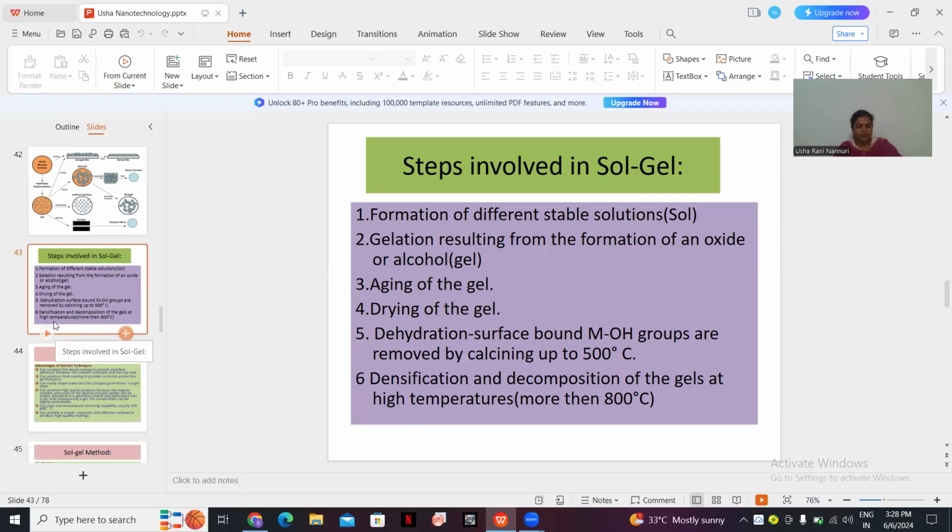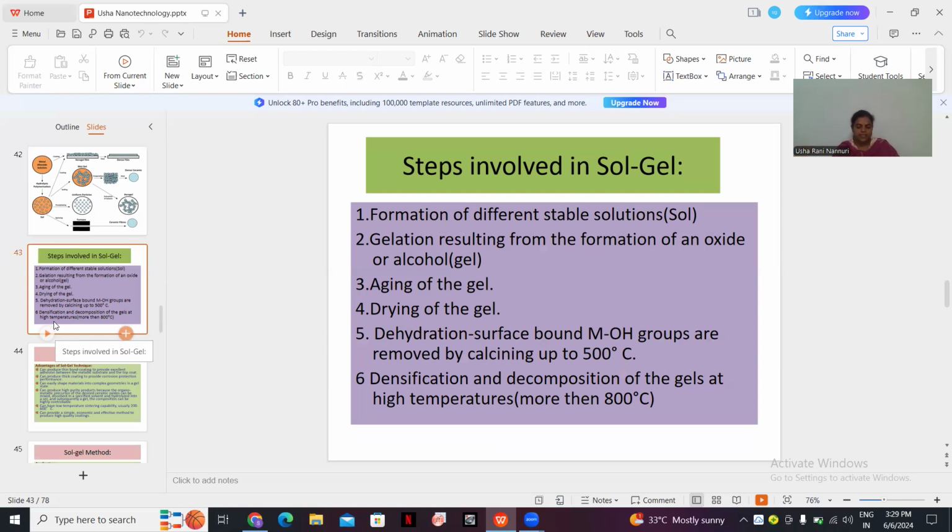Four steps are involved in the sol-gel method: hydrolysis, condensation, growth of particles and agglomeration of particles. During hydrolysis, addition of water results in the replacement of the R group with a hydroxide group. Hydrolysis occurs by the attack of oxygen on the silicon atom.